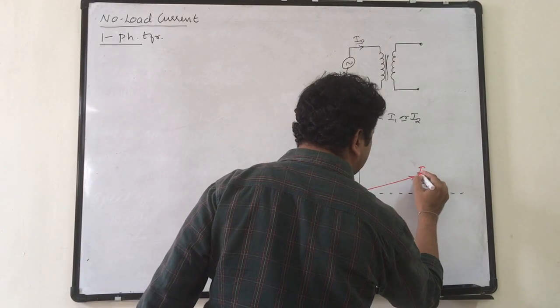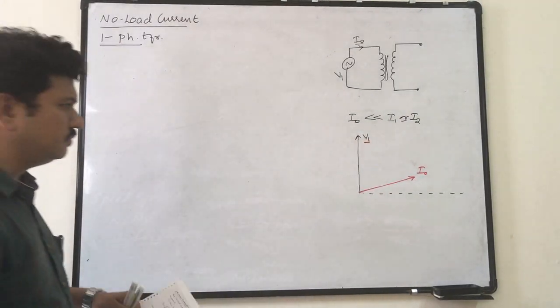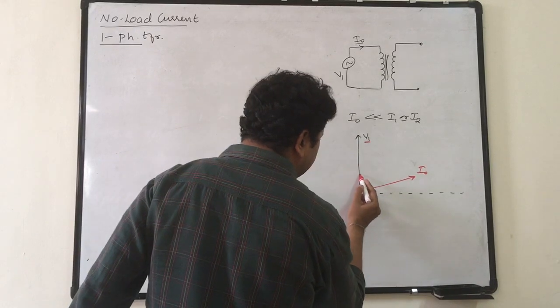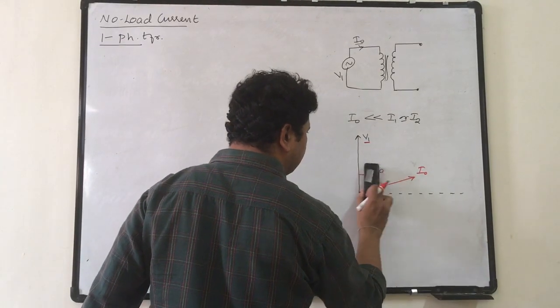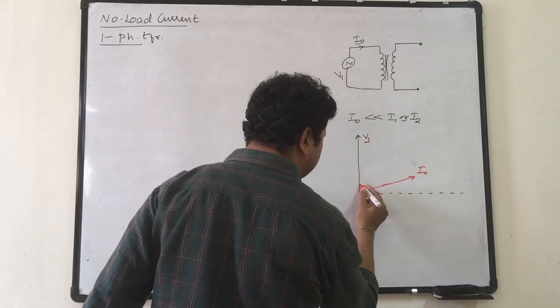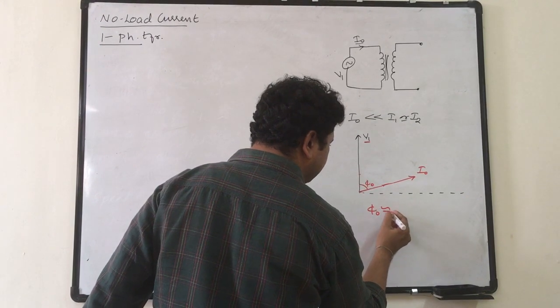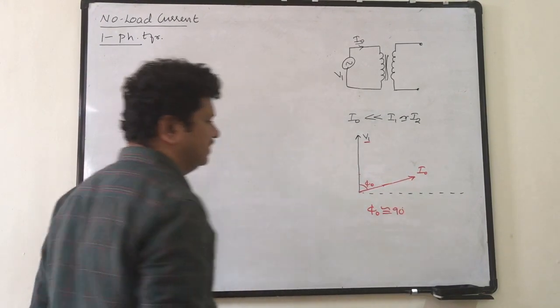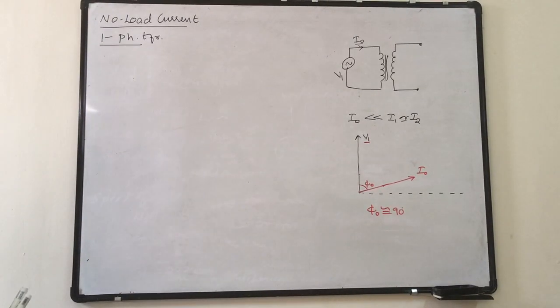Let this be I0, the no load current drawn from the source, existing at an angle phi naught. This phi naught is nearly 90 degrees, not exactly 90 degrees.